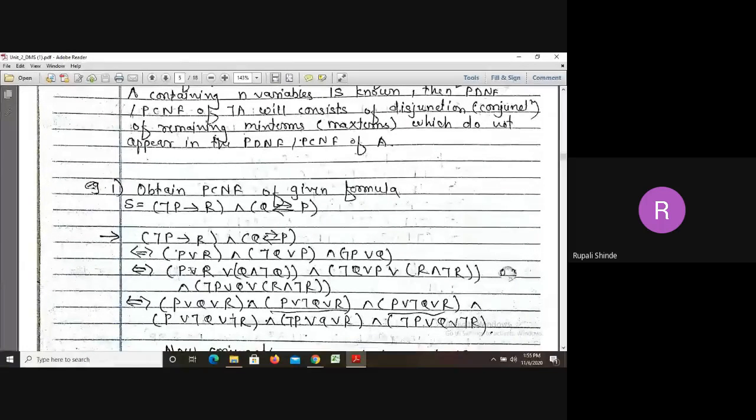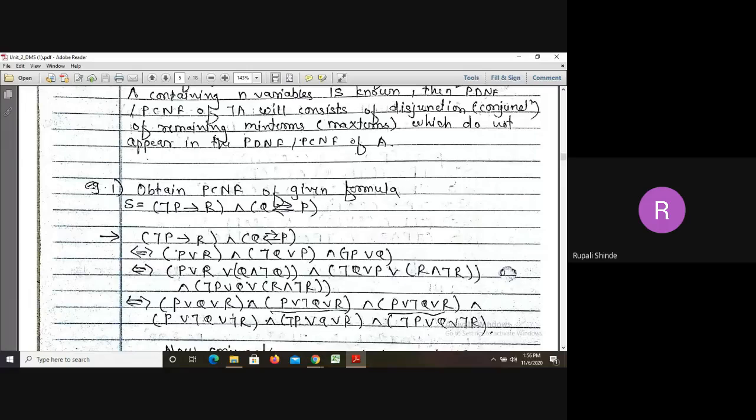Why have we not written here P or R or Q? Because again the rule is the same: each and every bracket will contain all three variables, and they will be in the sequence P, Q, R. We need that same sequence. So P or Q or R is our first bracket, and P or negation Q or R is the second bracket.